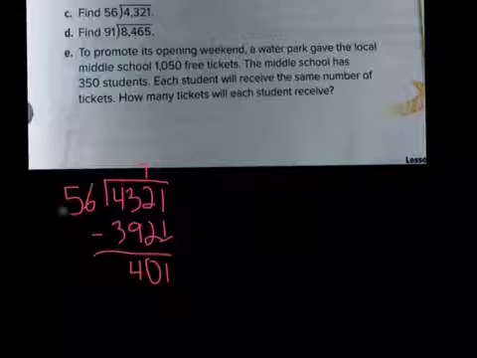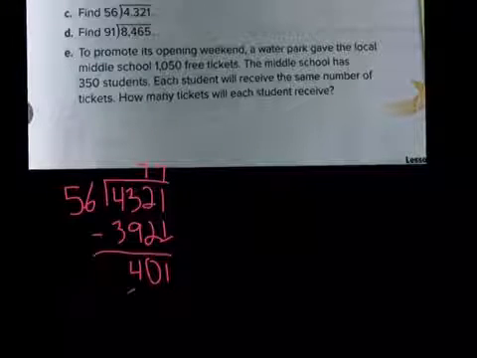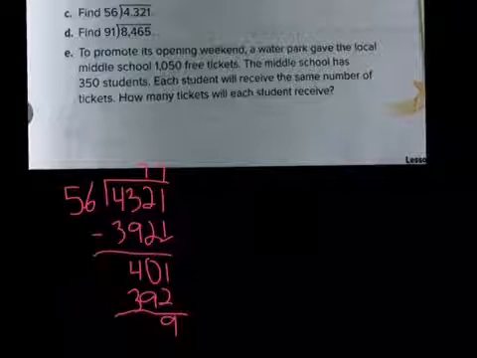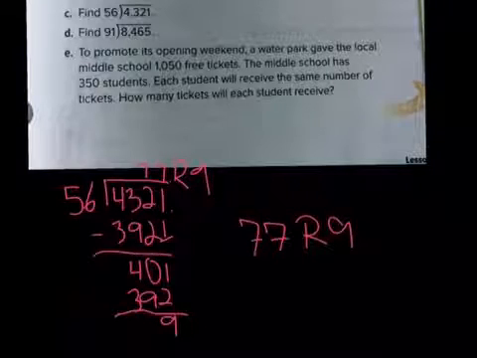Well, when I last multiplied 56 times 7, I got 392, and that's still less than 401, so I can do 7 again. 56 times 7, again, is 392, as I did before. And now I have 9 left. That's right, 9 left. And 9 is going to now be my remainder because I got to the decimal place there. So I can just put as my answer 77, remainder 9.